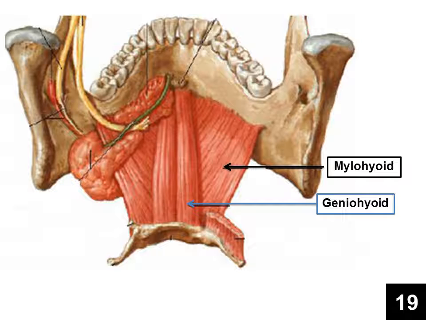These two muscles have the genioglossus above and the mylohyoid below, so they lie between the genioglossus above and mylohyoid below.